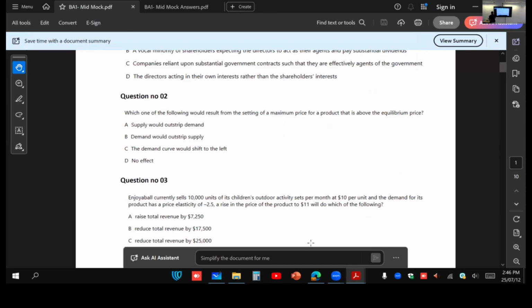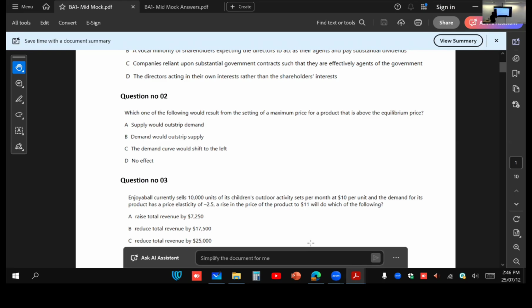If you go back to your notes and see, whatever the line we drew above the equilibrium was not maximum price. That was minimum price. But this is saying maximum price is being set, right? Maximum price is being set above the equilibrium. That's why the answer is D. Clear?